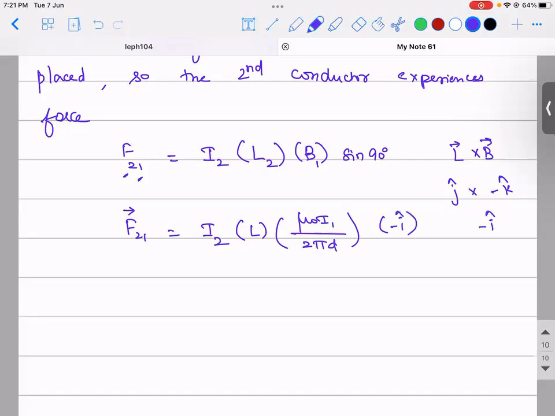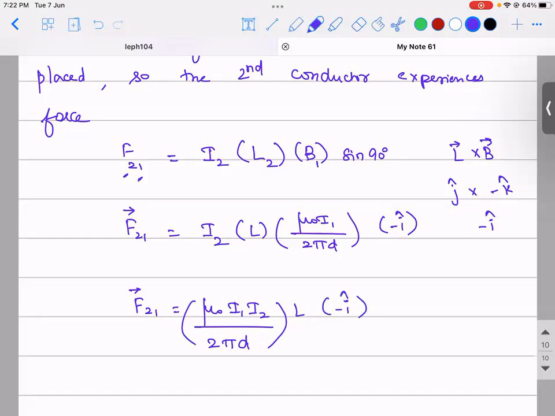So the force experienced by the second current carrying conductor due to the first current carrying conductor is F21 vector equal to mu naught I1 I2 divided by 2 pi d into L in the direction of minus I cap.